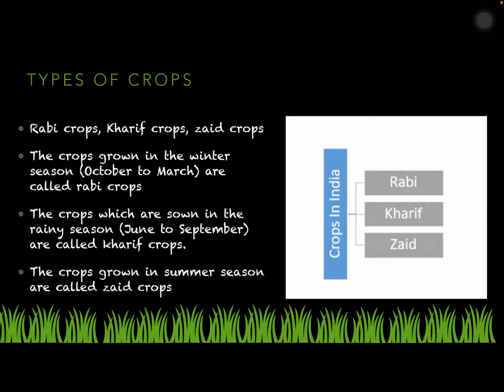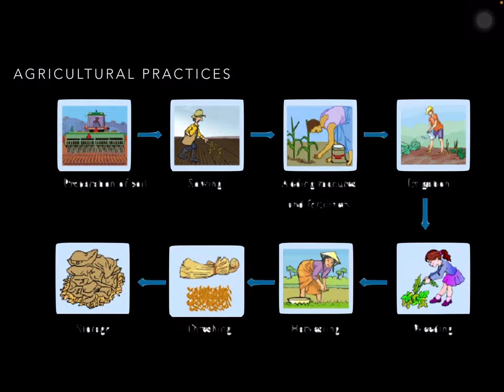The processes between sowing the seed and harvesting the crop, there are lots of processes carried out, which we will be learning in detail. So, the first agricultural process or practice is preparation of soil. Then we sow the seeds, then we add fertilizers to the soil, then we irrigate the soil, we cut off the waste plants that grow with the good plants.